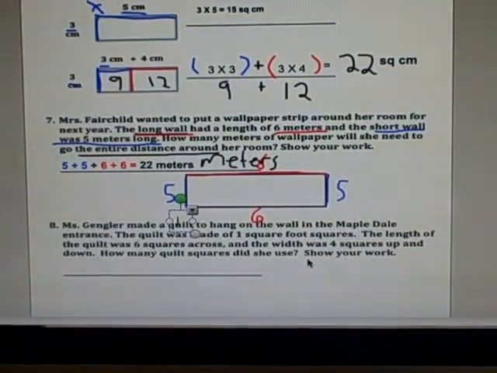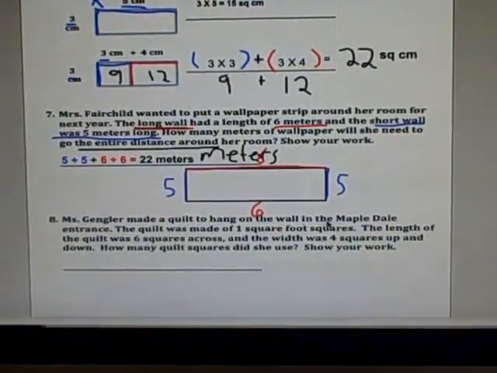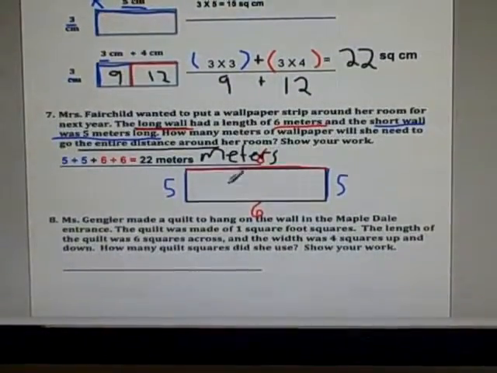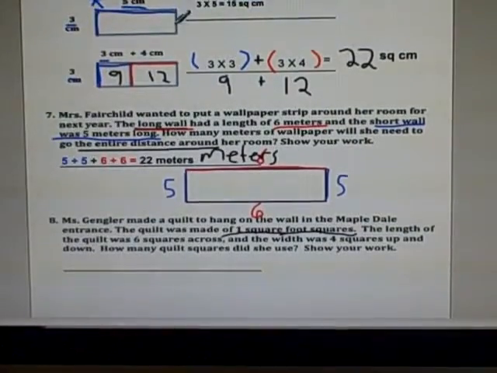All right, last problem. Miss Gangler made a quilt to hang on the wall in the Mapledale entrance. The quilt was made of 1 square foot squares. I'm going to underline that. And the length of the quilt was 6 squares across.